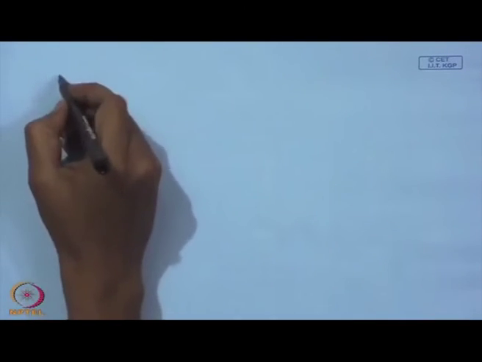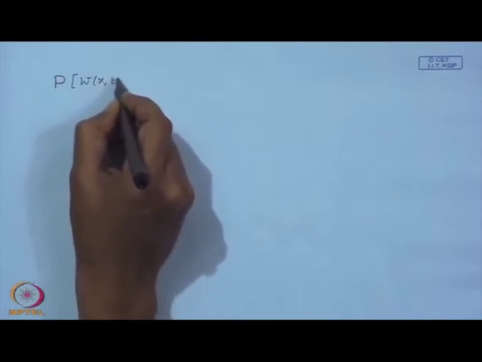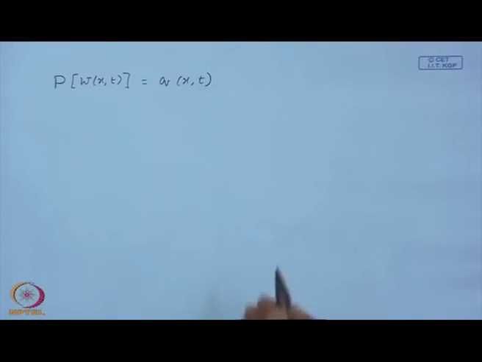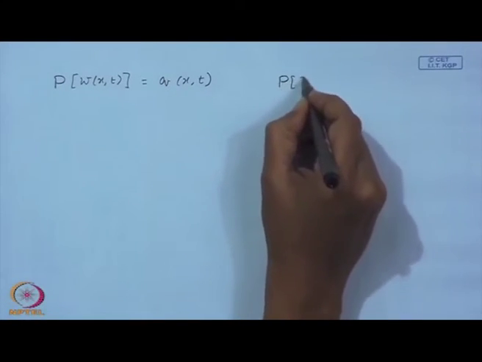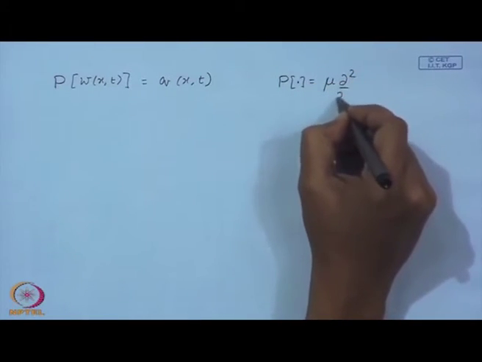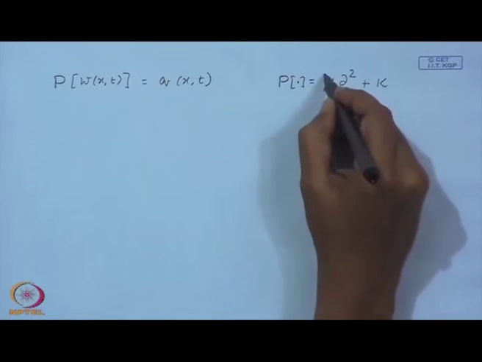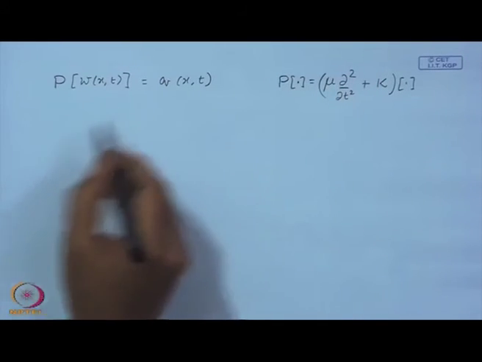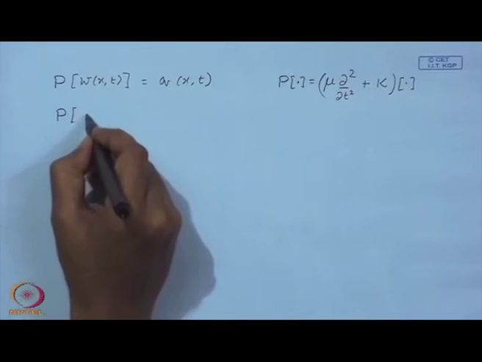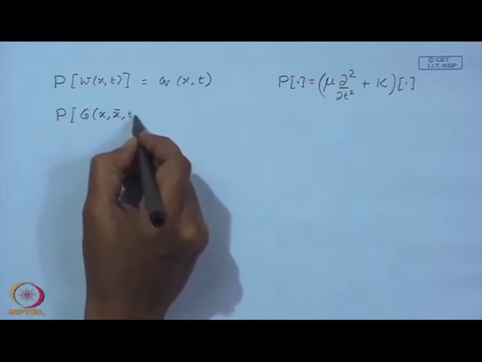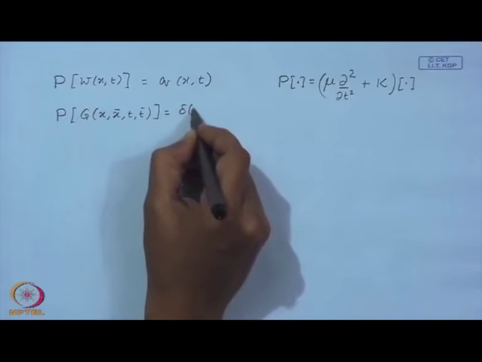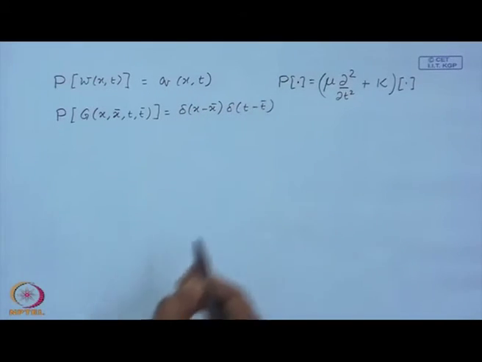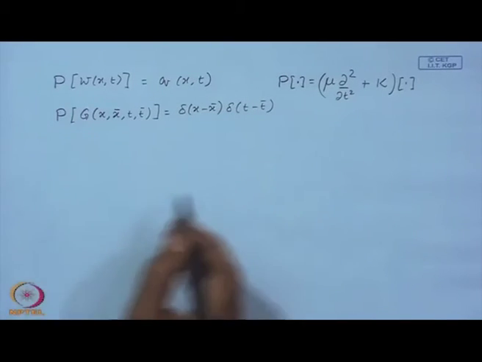So, let us see how this is happening. Let me write this differential equation as P of w equal to q, where I am representing this full operator using P. Now, what we are doing is solving this problem first, with of course those homogeneous boundary conditions and 0 initial conditions.